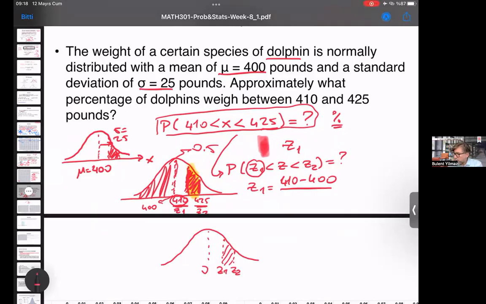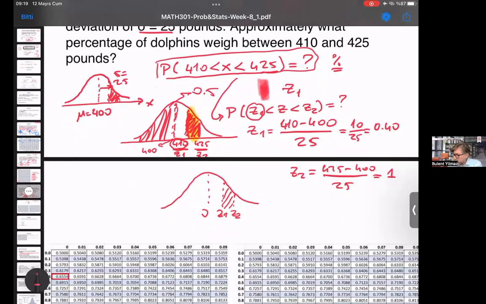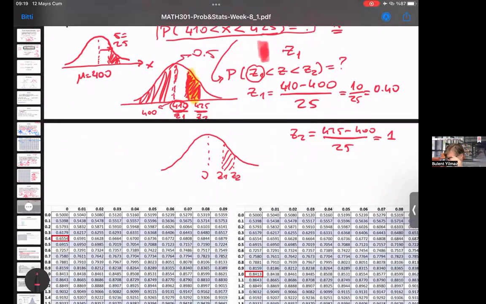410 minus 400 divided by 25, which is 10 over 25, which is 0.40, okay? And what is Z2? 425 minus 400 divided by 25, which is going to be 1. So what are the Z table values? Okay, probability of Z less than 0.40 is 0.6554.